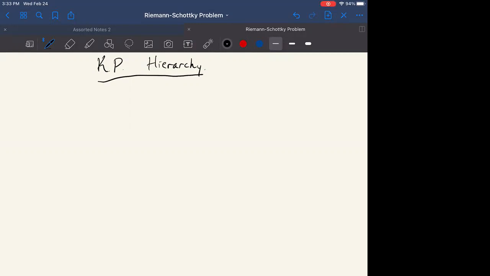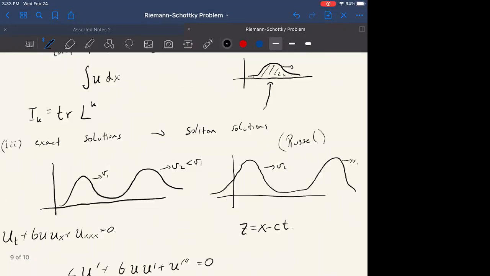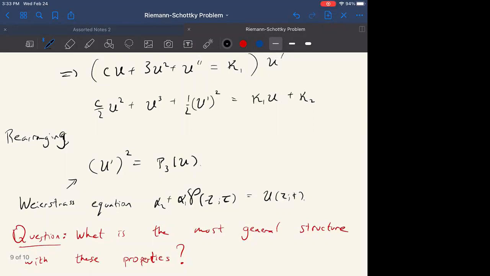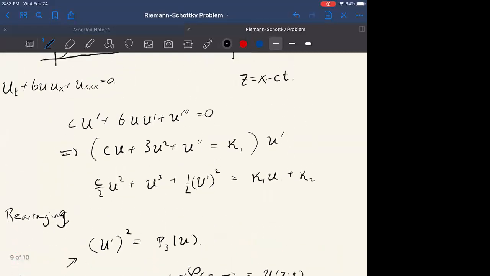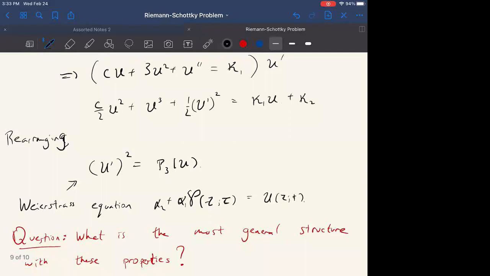So let me just repeat what you said. You start with KdV, you look for the stationary wave, the solitary wave. You do the change of variables, you solve it explicitly, and in terms of the variable z you get a traveling wave solution.